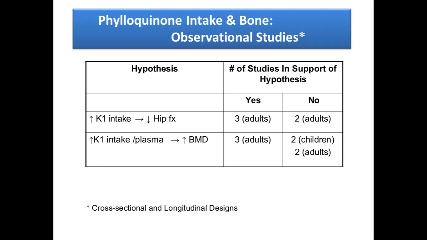When we measure vitamin K1 or phylloquinone in the blood or in the diet, what we have seen in at least 3 studies is that the more vitamin K in the diet or the blood, the higher the bone mineral density. Now, this is something that has not been seen in children, but certainly in older adults. So there you have evidence that the preponderance of evidence supports a role for phylloquinone and bones based on the observational studies.